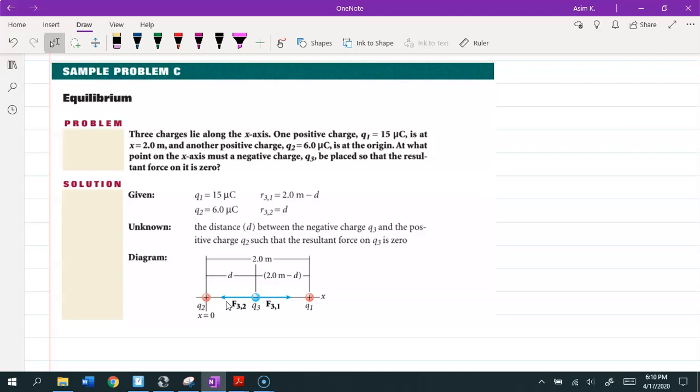So I don't know how far you've gotten with the electric force and your understanding of it, but basically this takes the electric force, this is called the equilibrium problem. The previous one that we did was called the superposition problem. In the equilibrium problem, we know that two charges always have a force between them, right?